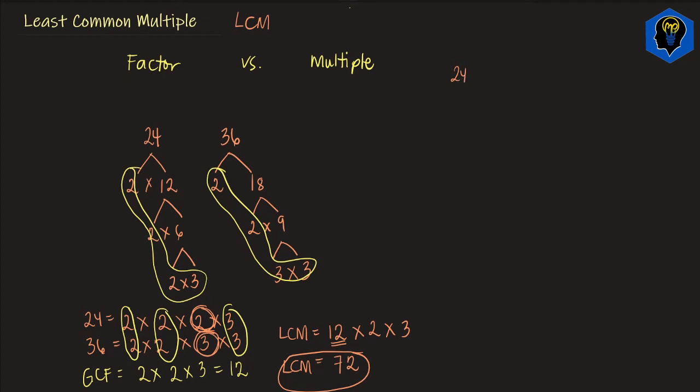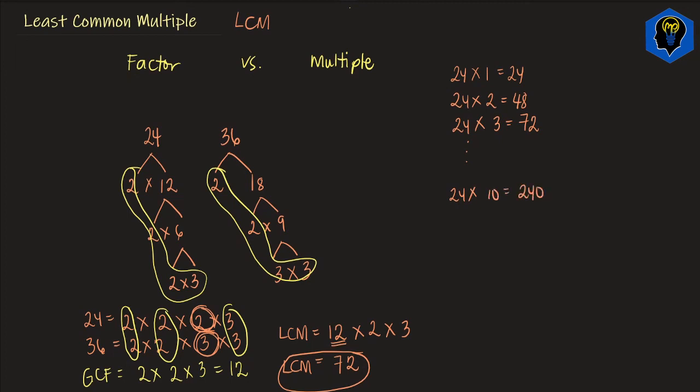So, what are the multiples of 24? 24 times 1 is 24. 24 times 2 is 48. 24 times 3 is 72. So you see, if you continue that further, 24 times 10 is 240.